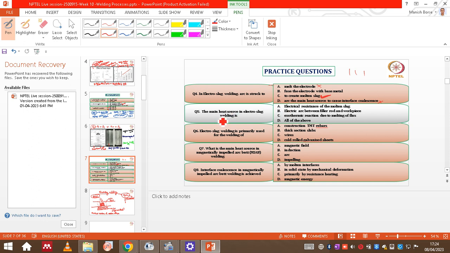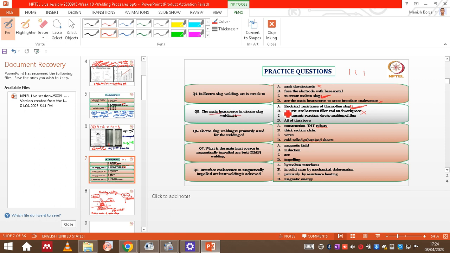And if we go to the fifth question, the main heat source in electroslag welding is the electrical resistance of the molten slag. The option of an electric arc between filler rod and workpiece is not correct, because it is just the start of the process.